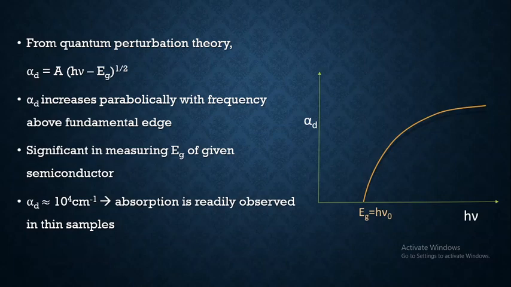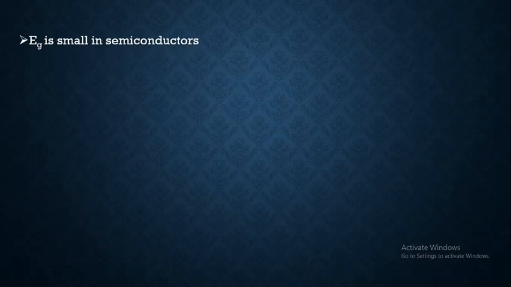Then this is about direct band gap semiconductors. Here, the energy gap of a semiconductor, we know, ranges from 0.1 to 5 electron volt, or we can say lesser than 5 electron volt. That energy gap is very small, and when you find the corresponding frequency, Eg is equal to h nu, then nu will be equal to Eg by h.